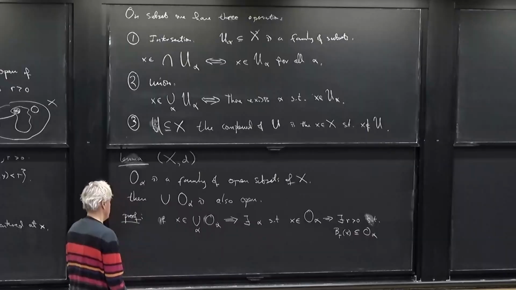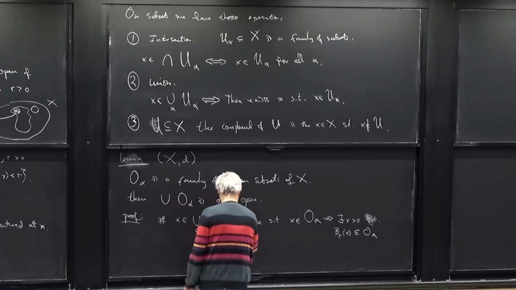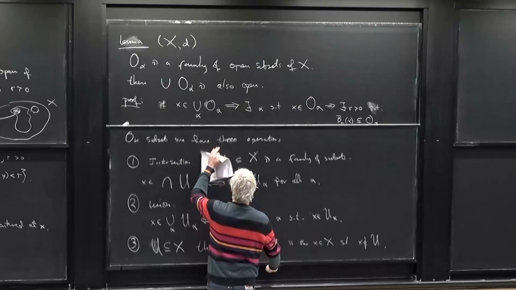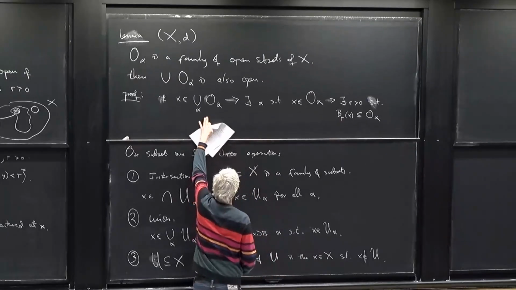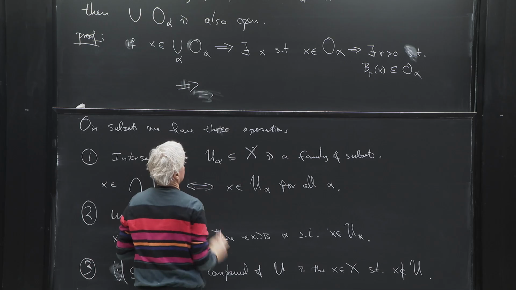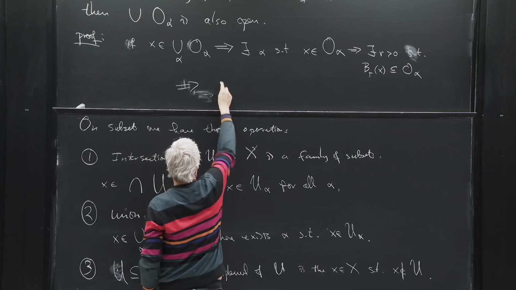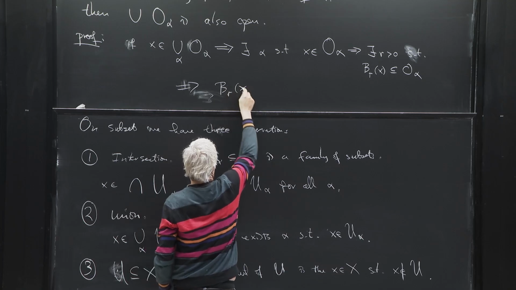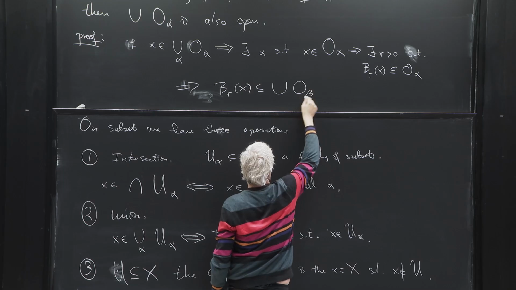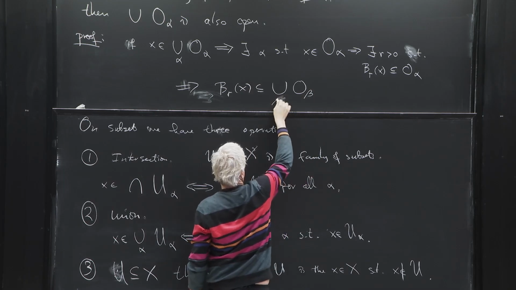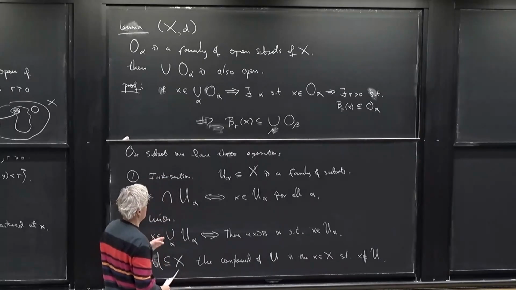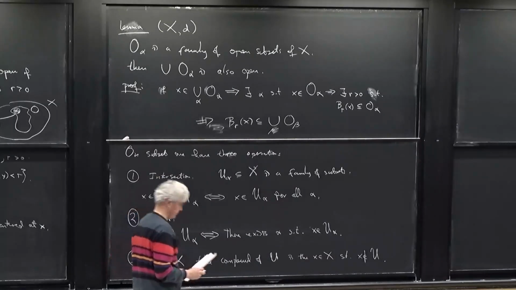But if it is contained in O_alpha, then of course this ball is contained in the union of these sets. But that is exactly what it means to say that the union is open.